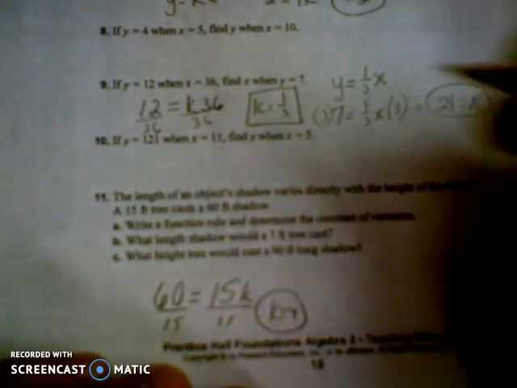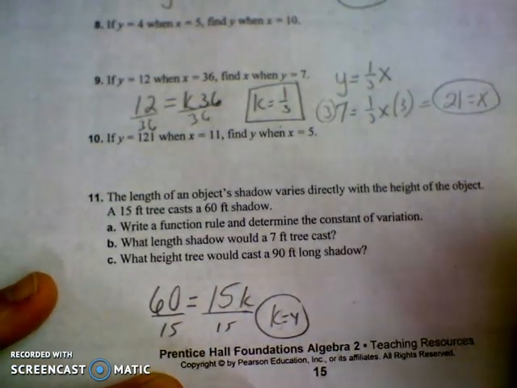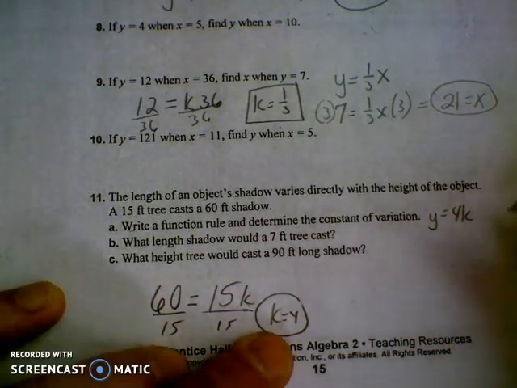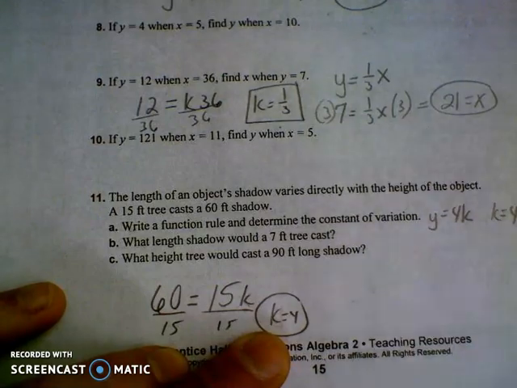So our equation would be y equals 4x. And we already found out k equals 4.